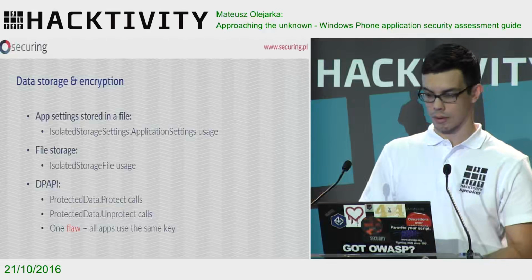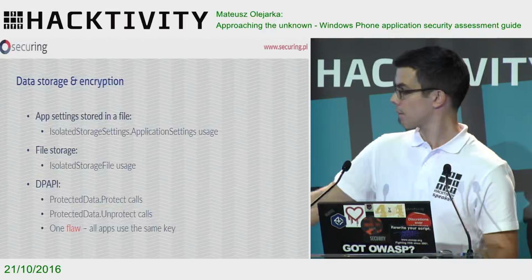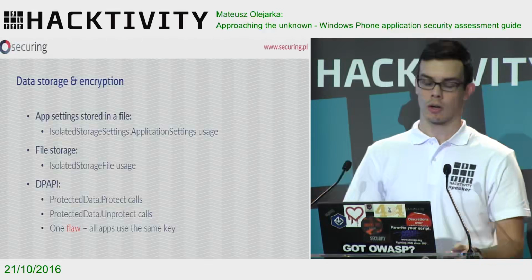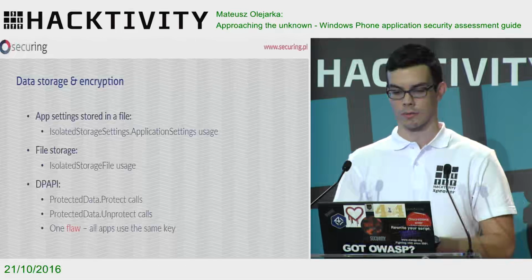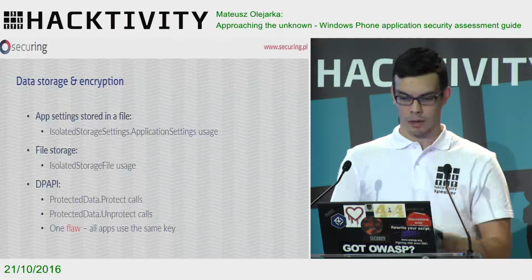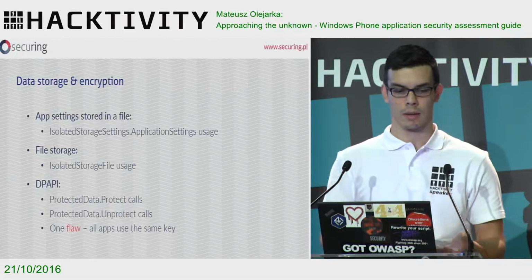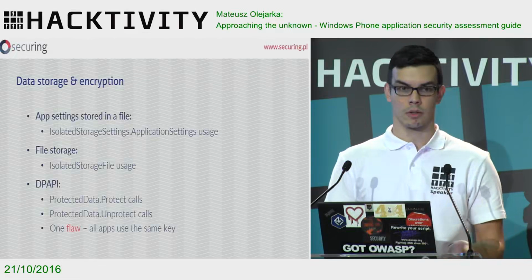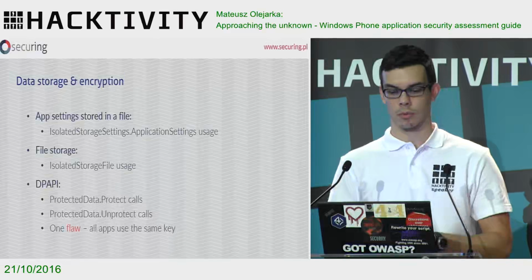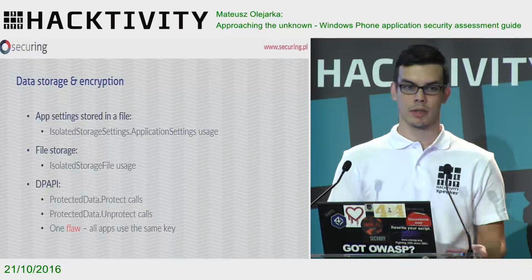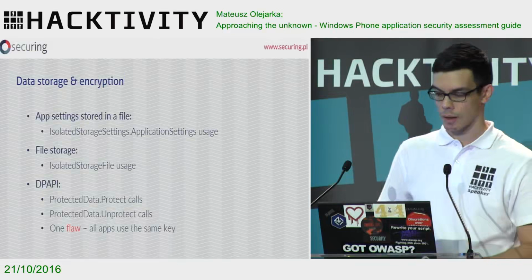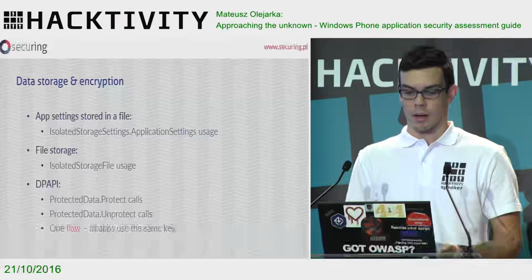One thing more is data protection API, which is the API available, of course, not only on the Windows Phone, but here. It allows you, without hard coding a key somewhere in your application, to encrypt and decrypt data. Just you use protect and unprotect methods, and you put the data there.